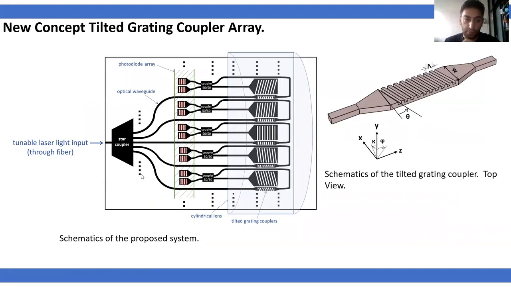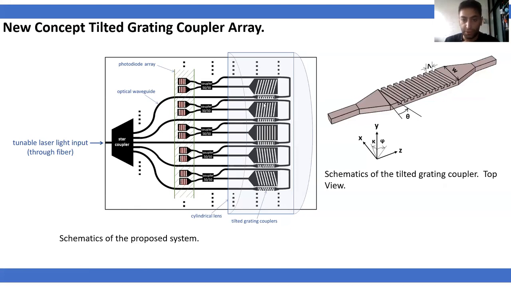And in this research, we are proposing a new type of system based on the tilted grating coupler, which you can see here. So they are based on the same structure as the conventional grating coupler, but instead of having the grating teeth straight, we give them a small slant angle, and so we can emit the light in different angles.